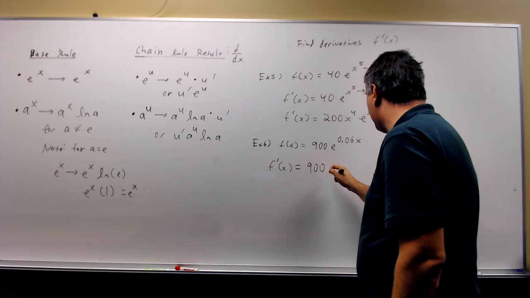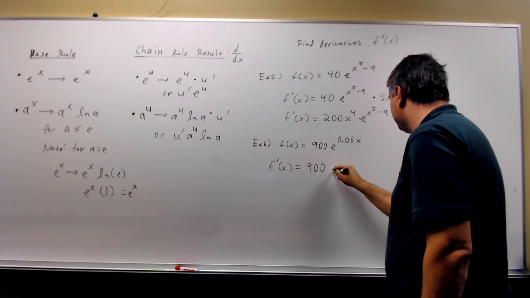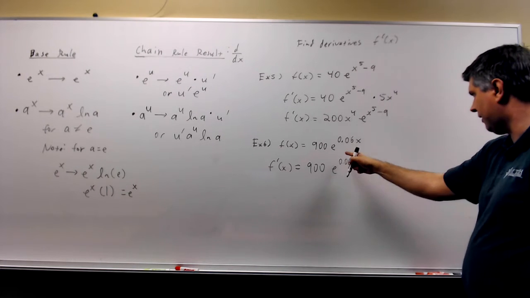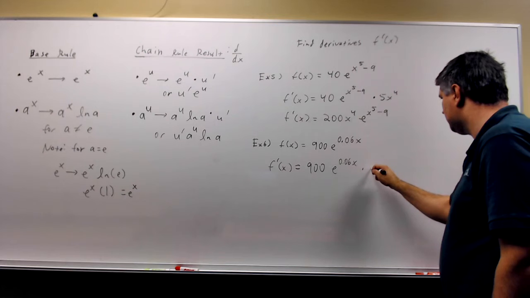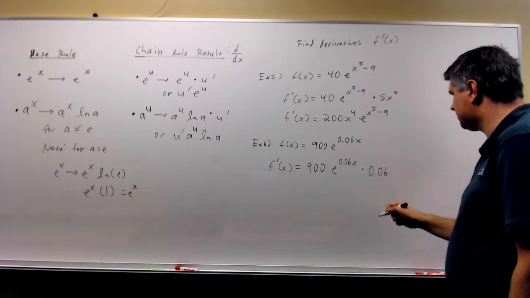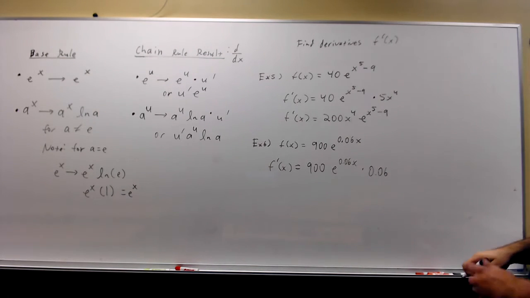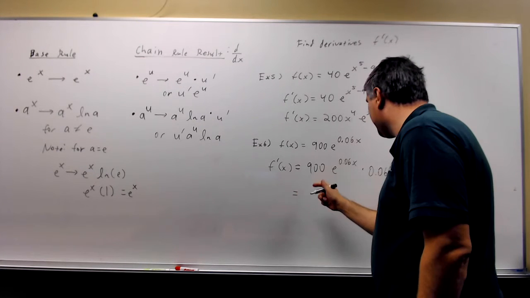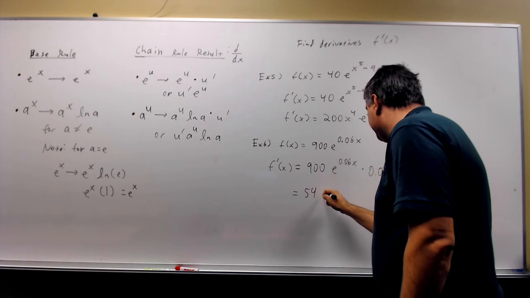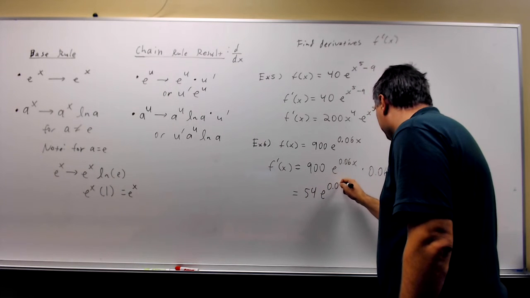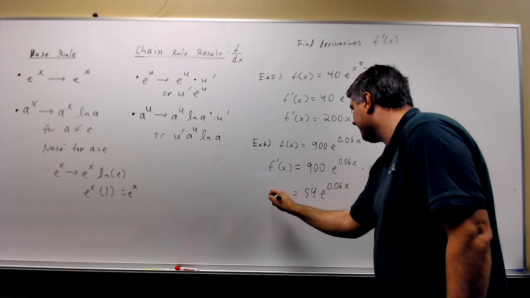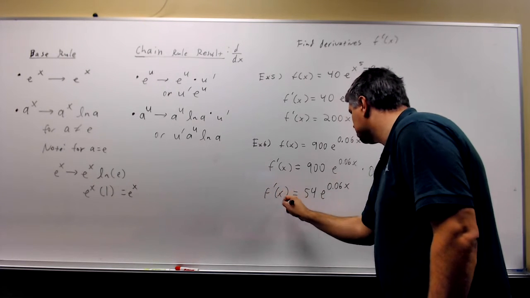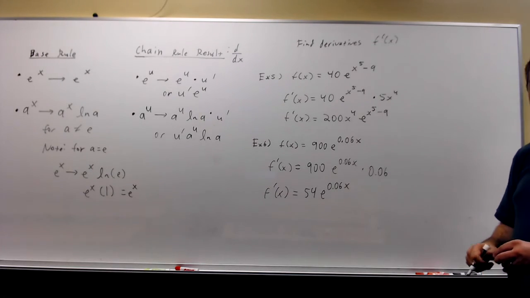So it'll be 900 times e to the 0.06 x power times the derivative of your exponent, times 0.06. Okay? That would give me 0.06 times 900 is 54. And that's going to be e to the 0.06 x power.